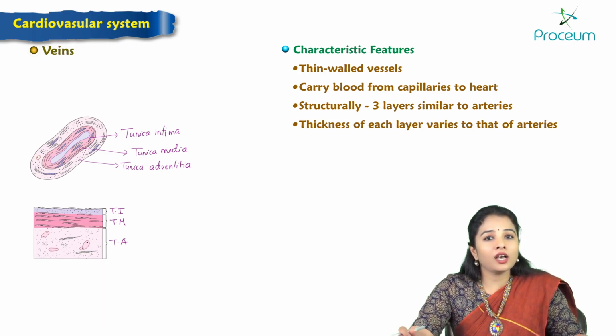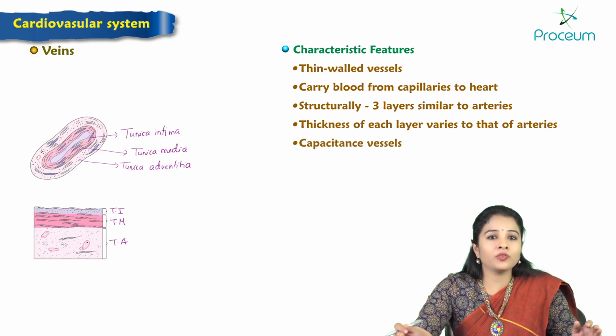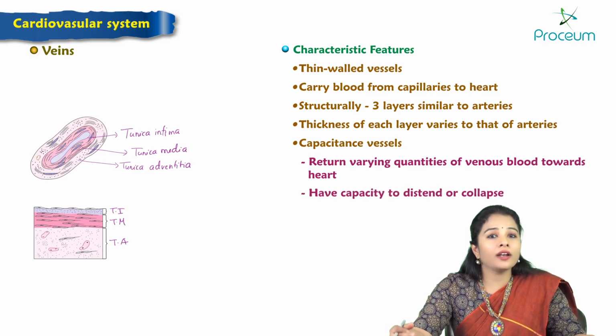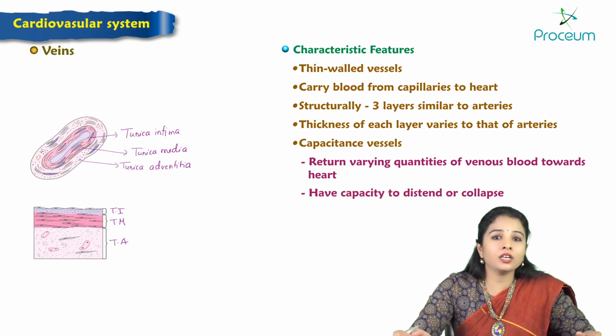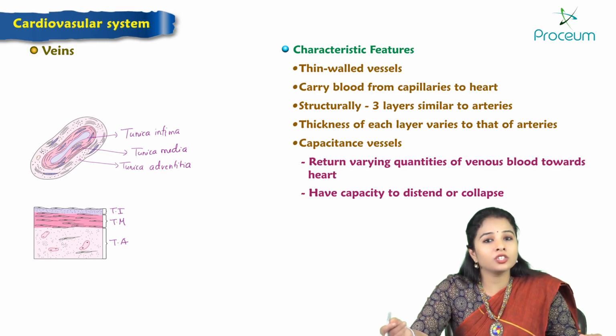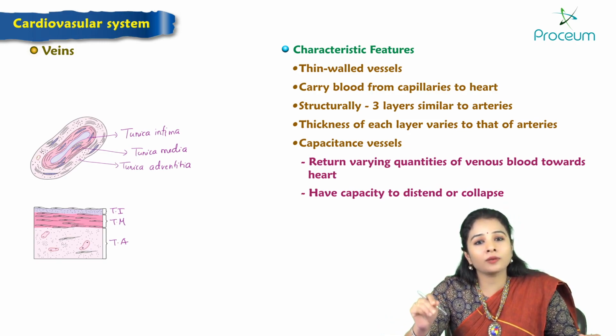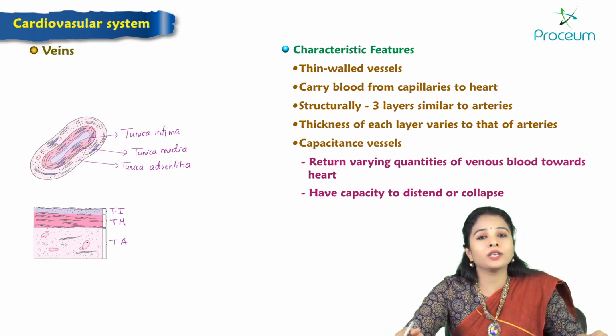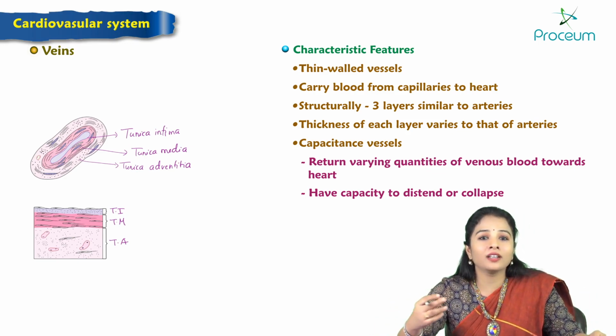The veins are capacitance vessels because they return varying quantities of venous blood towards the heart and have the capacity to distend or collapse. If there is no blood, the veins are collapsed, and during venous return, the veins get dilated. Based upon the quantity of blood, the diameter of veins changes.